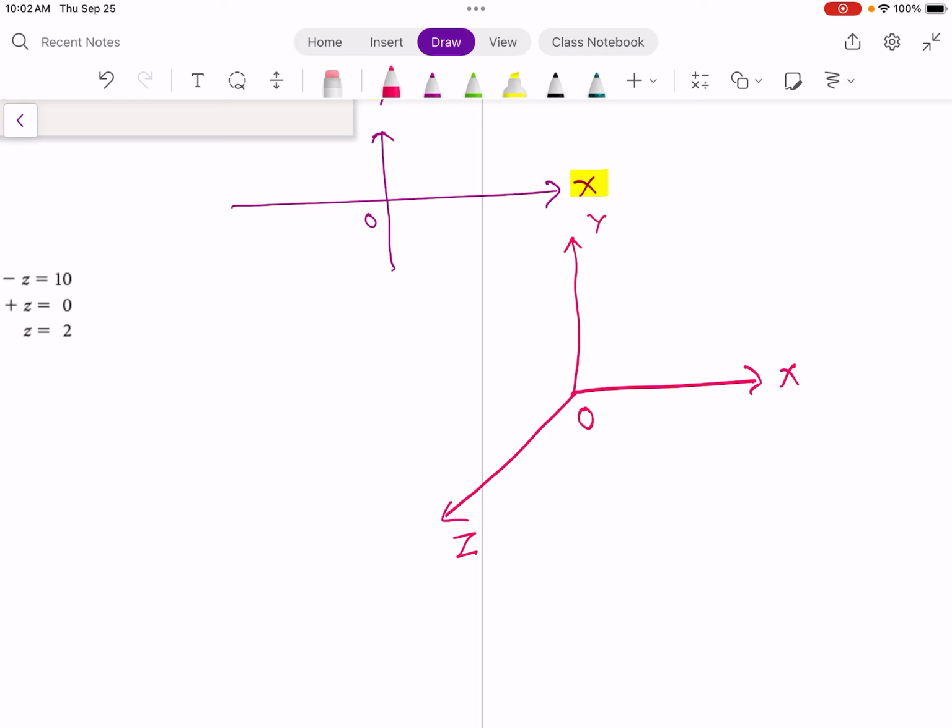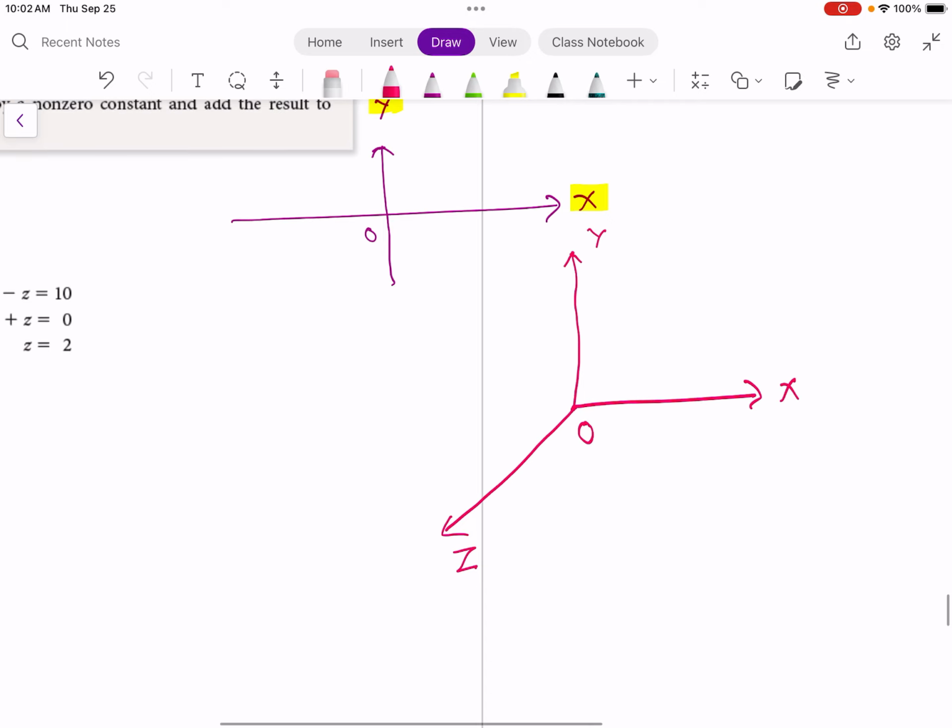Two variables means two-dimensional. Three variables means we are talking about three-dimensional. Can you think of a three-dimensional example? For example, let's take this corner as our origin. We have this horizontal line, let's call this our x-axis, this is our y-axis, and the vertical one is the z-axis.